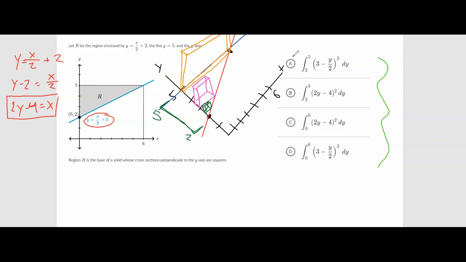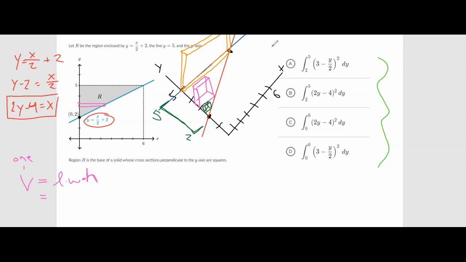So now that's written in terms of y, which will make sense because I'm going to be integrating with respect to y. Now, of course, my goal is to find the volume of one of these cross sections and then just integrate over the entire interval to find the volume of the whole solid. Well, the volume is going to be length times width times height because they are square prisms. I know my length is going to be the distance between this blue line and, in this case, the y-axis.